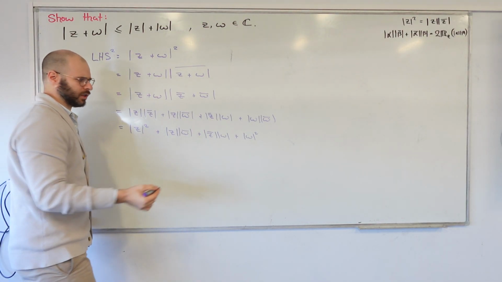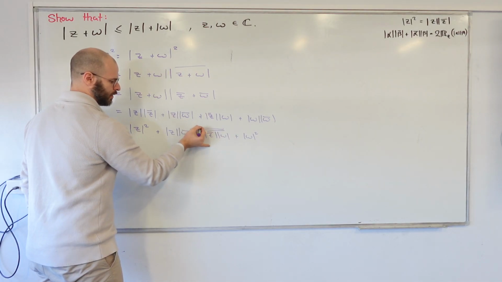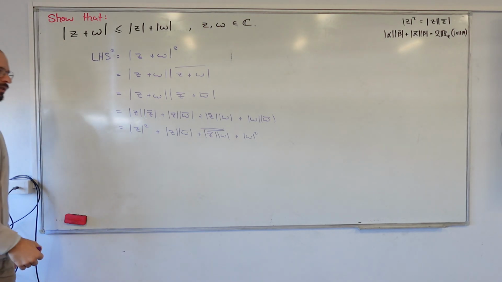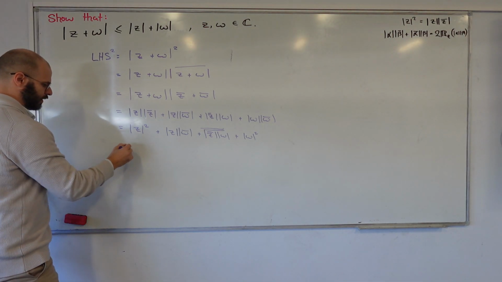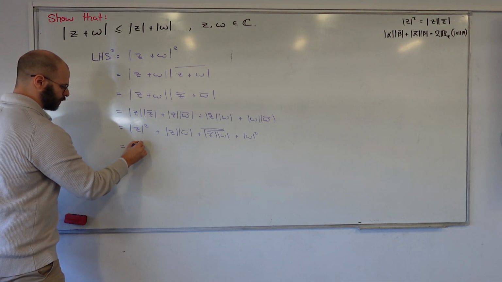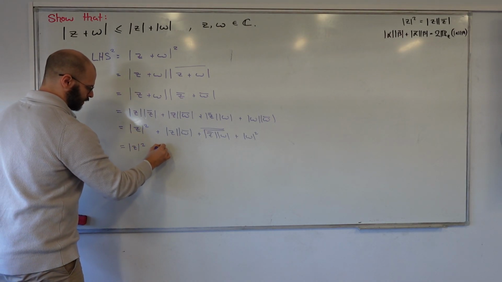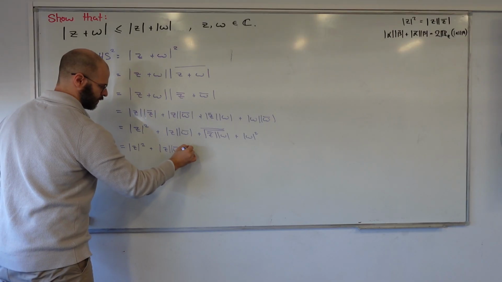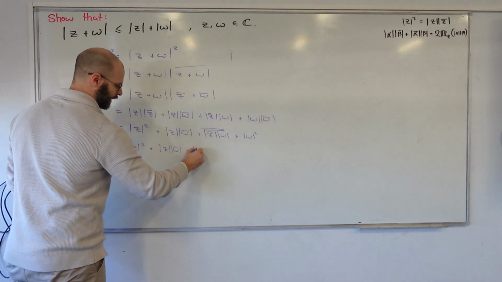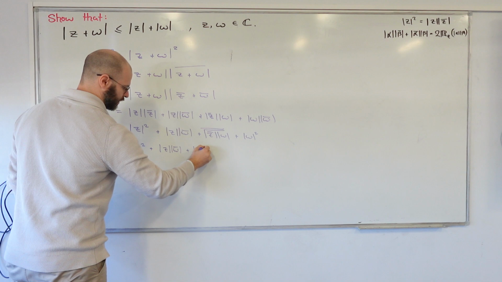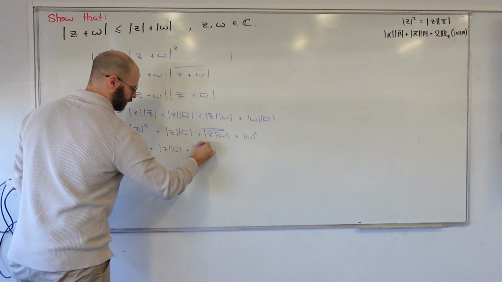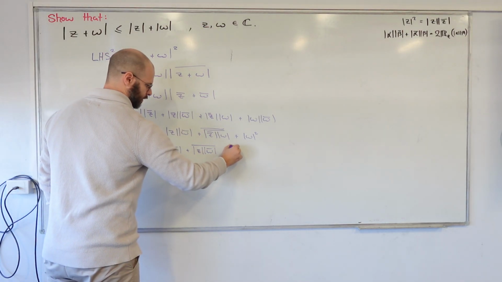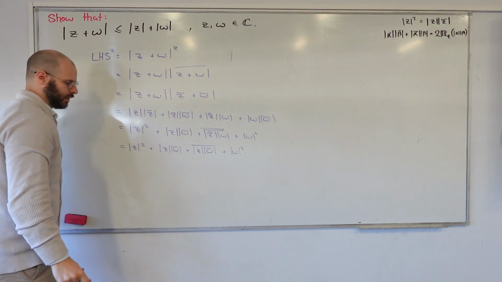I'm going to do the conjugate twice over there. So I haven't changed its value, I've changed its appearance. This is going to be beneficial because it leads into what we did just moments earlier. That's going to become Z, that's going to become omega bar, that's still conjugated, and this is like so.